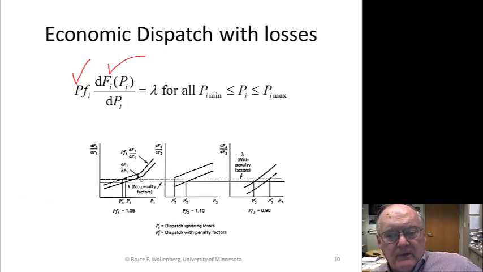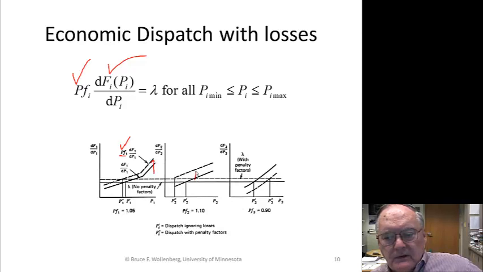So we simply multiply the penalty factor times the incremental cost, equal to lambda. You remember I said that you could draw the incremental cost function for each generator on a piece of graph paper. Well, these dotted lines are when you take that df/dp times the penalty factor. So here's one that goes up.